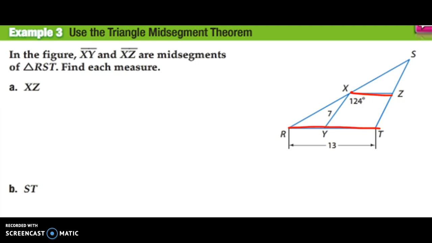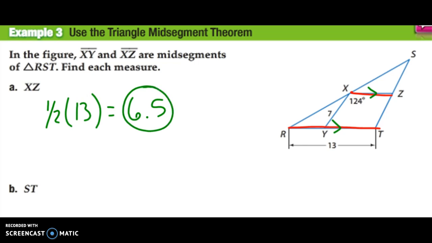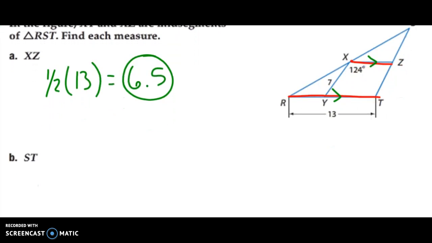And we know that XZ is the midsegment. Both X and Z are the midpoints. So these lines are going to be parallel. And since they're parallel, XZ is going to be half of 13. So we'd say 1/2 times 13 equals 6.5. So how long is XZ? It's going to have a length of 6.5. Okay, now let's find ST.